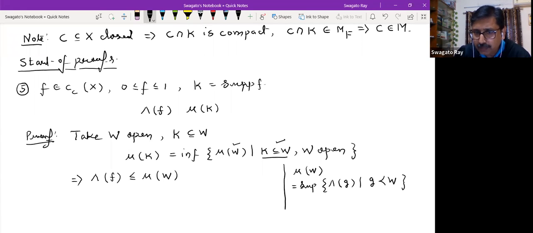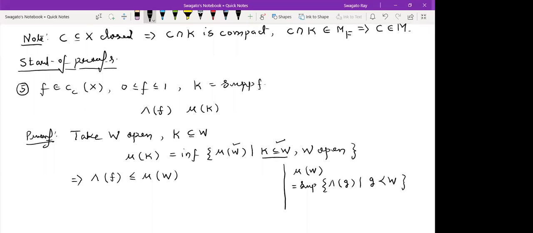And hence μW is actually the supremum of all such λf's whose support is contained inside W. So this function f which I have taken, its support is sitting inside W. So μW is certainly bigger than or equal to λf. That is what I have written. Is this okay now? Okay, sir. Yes, sir.